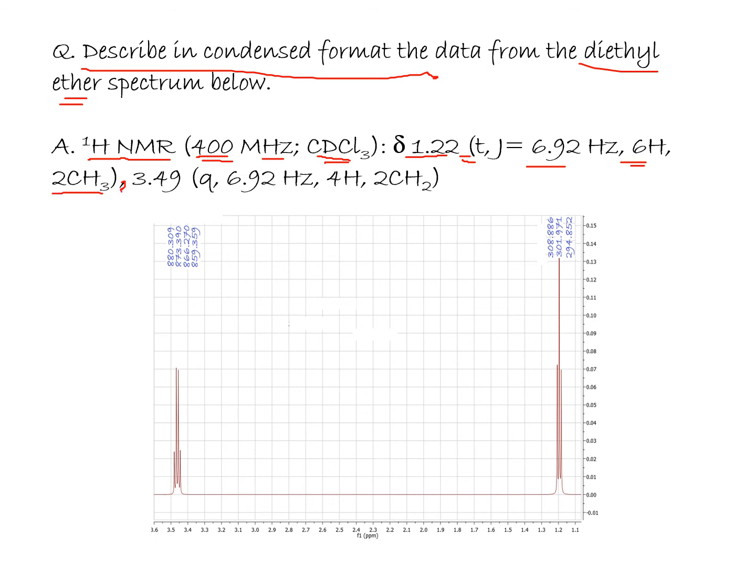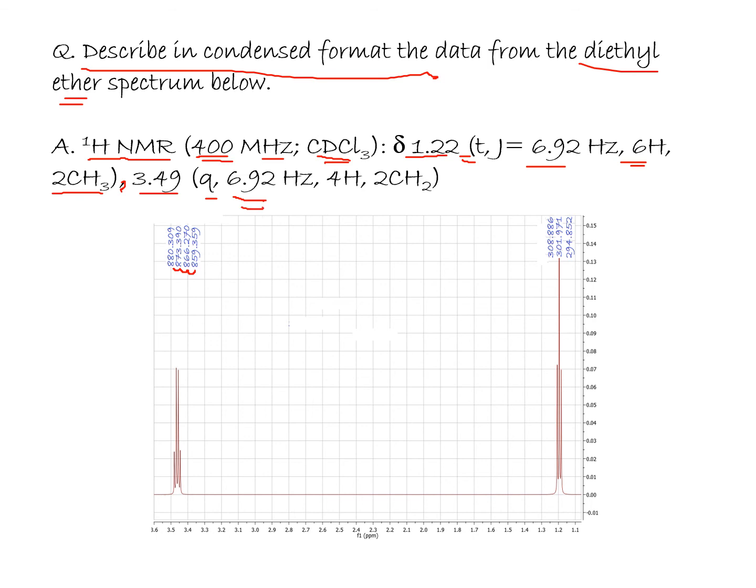This is the first peak. Second peak, 3.49, quartet. For the J value, you can subtract this from this or that from this, any two, or take the average of these differences, and you'll find again it's 6.92.